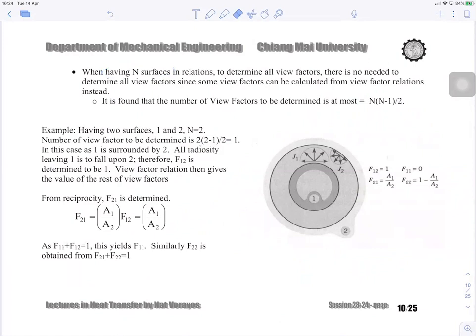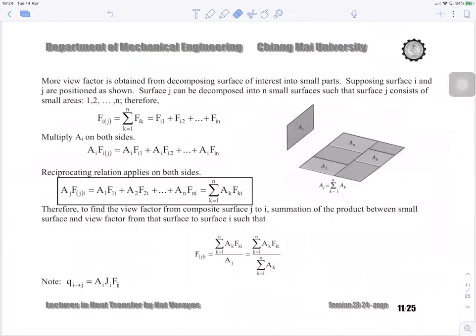Okay, let's move to the next slide. Sometimes if you take a look at the table and the closed-form expression, or the crossed-string method, you might not be able to find the figure that you have at hand.